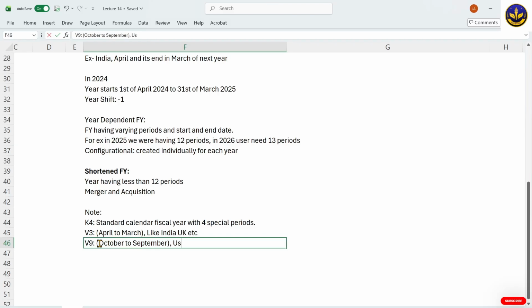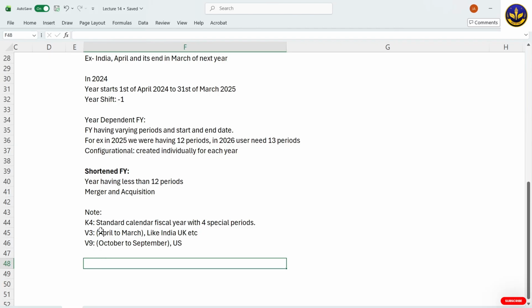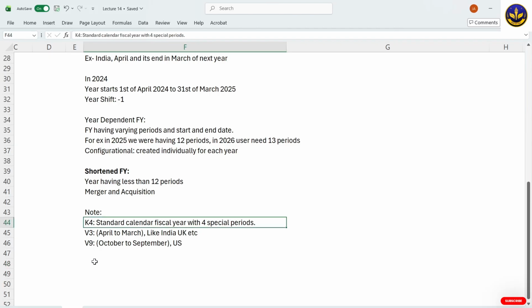The country which uses this year is the United States. So these are the points which you have to remember.